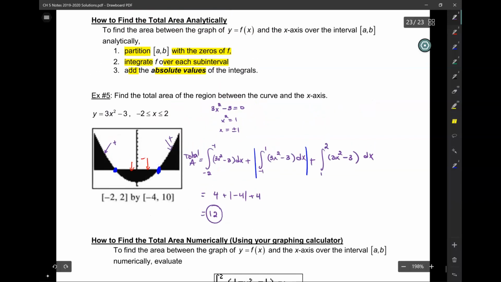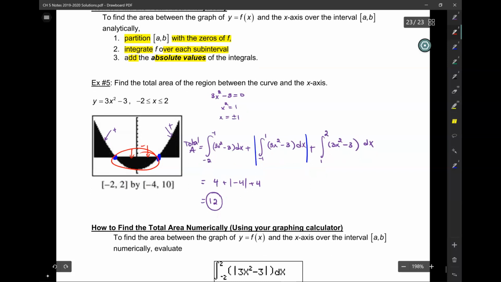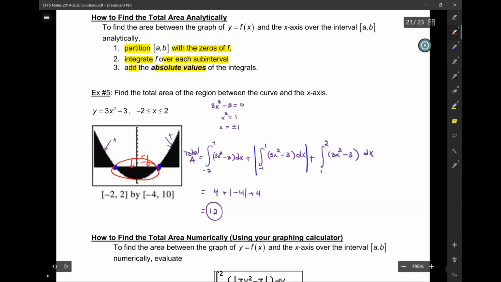Okay. So I have one other thing to say. Okay, look at this region here. You can see how it's symmetric around the x-axis, right? So this one here, you can also split it up so that you go from 0 to 1 of 3x squared minus 3, because it's so much easier to evaluate something at 0 than from negative 1 to 1, right?